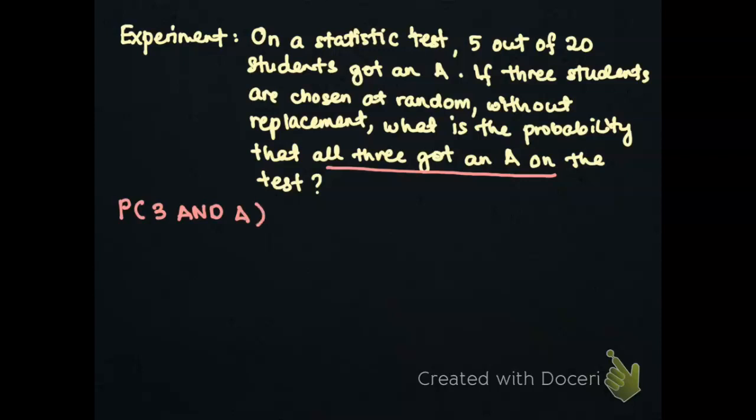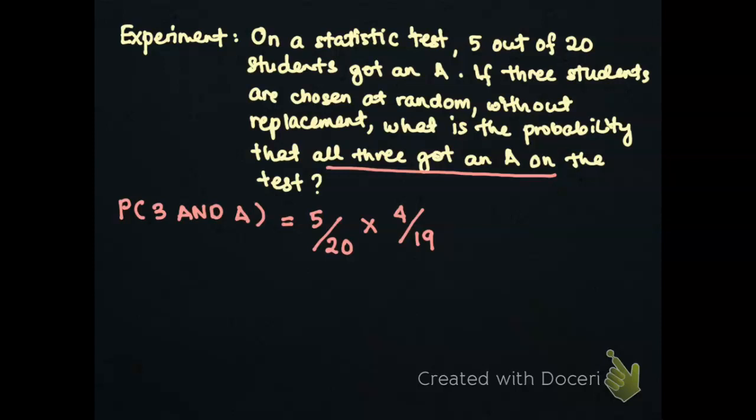Now the first student that we choose with an A is 5 over 20. Then once you have chosen one student and you do not put it back into the list of names, the number of students with A's will be 4 and the denominator will change. It will become 19. So this is the second student.